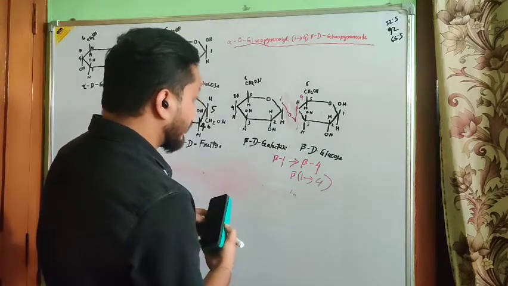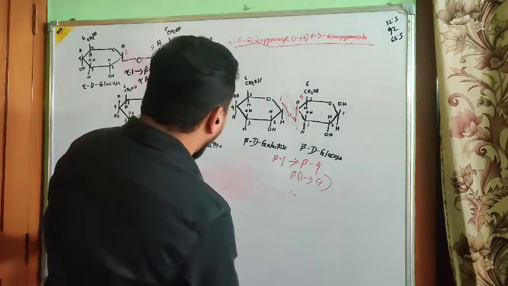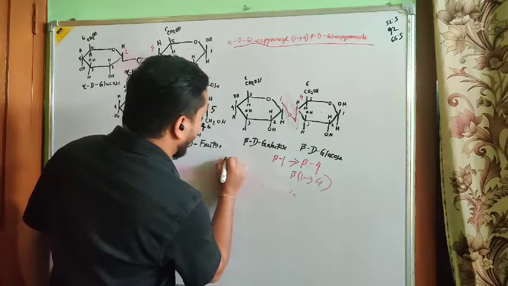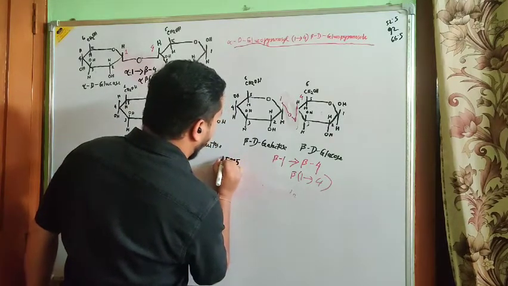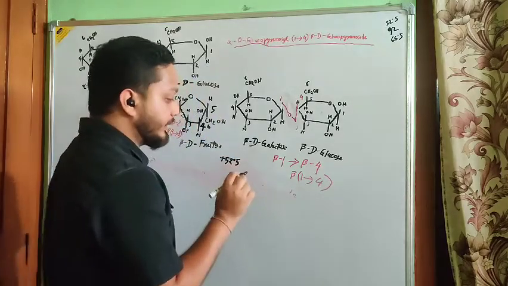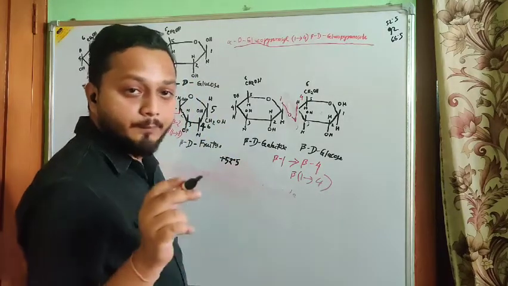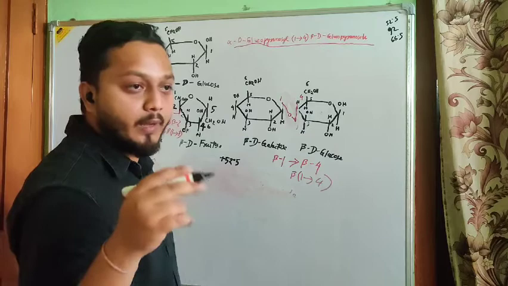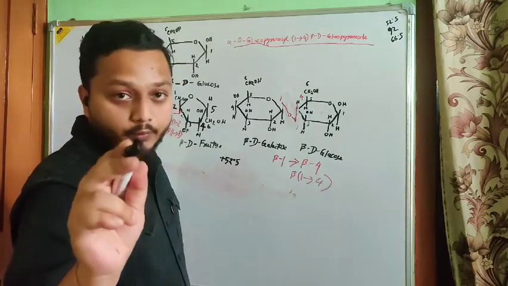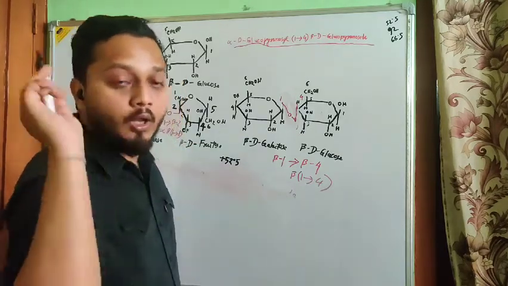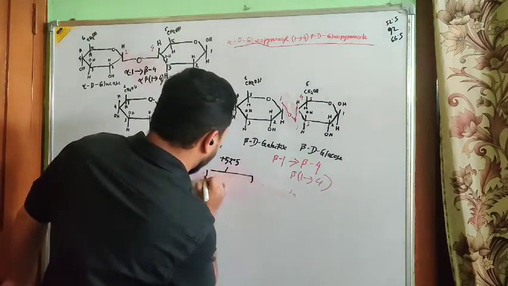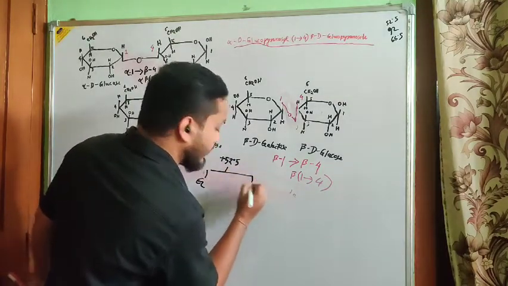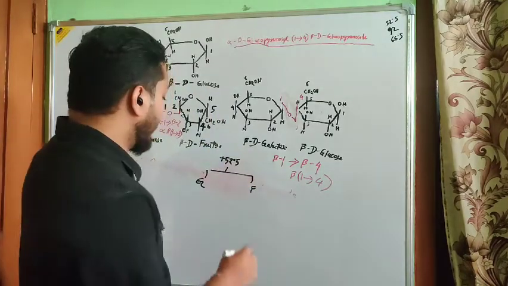For sucrose, the optical rotation at equilibrium is 52.5 degree. It will be 52.5 degree, but when it will hydrolyze, it will produce 1 unit of glucose and 1 unit of fructose. Suppose this is glucose, this is fructose.